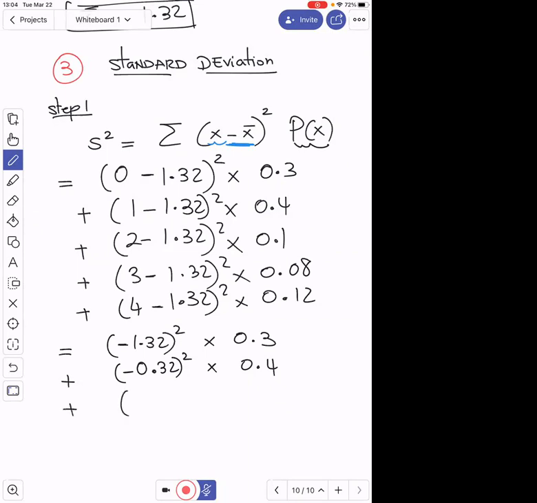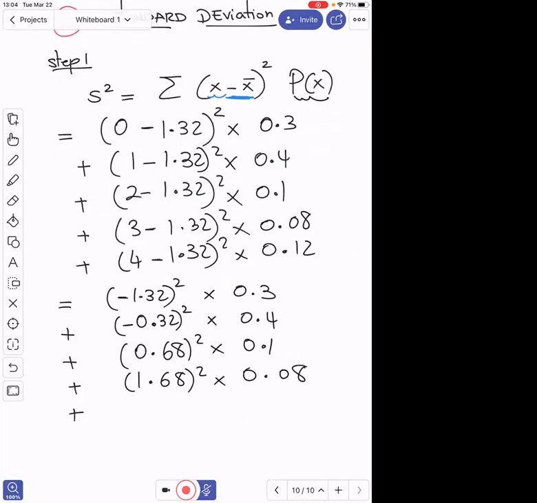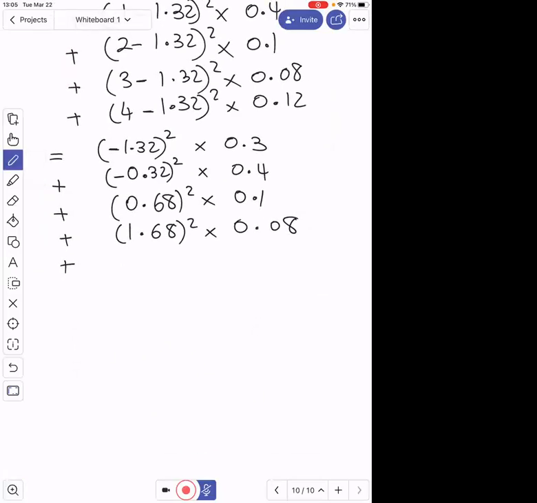So plus 2 minus 1.32, that's 0.68 squared times 0.1, plus 1.68 squared times 0.08, plus 2.68, 0.68 squared times 0.12. All right.